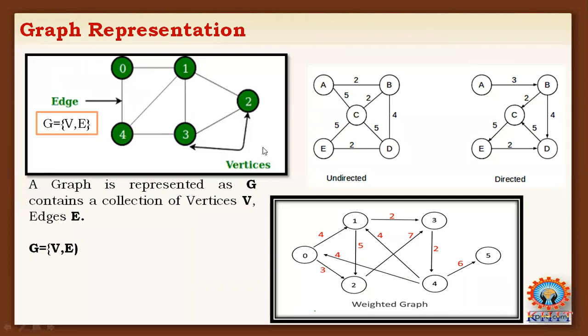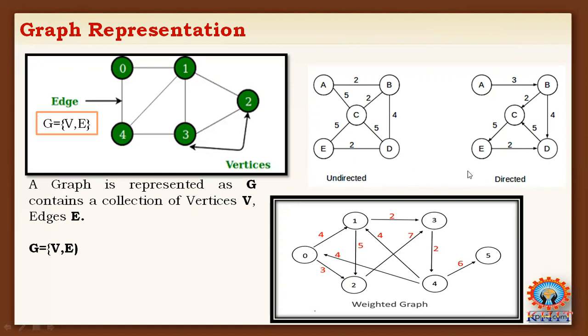So there are two different types of graphs. If you consider the figure here, there is a difference between undirected and directed graph. What is meant by undirected graph and what is meant by directed graph?